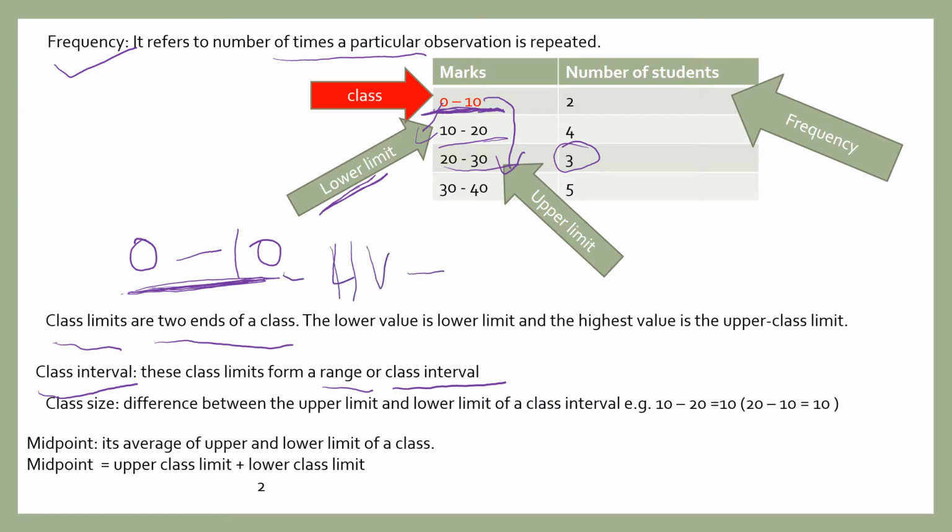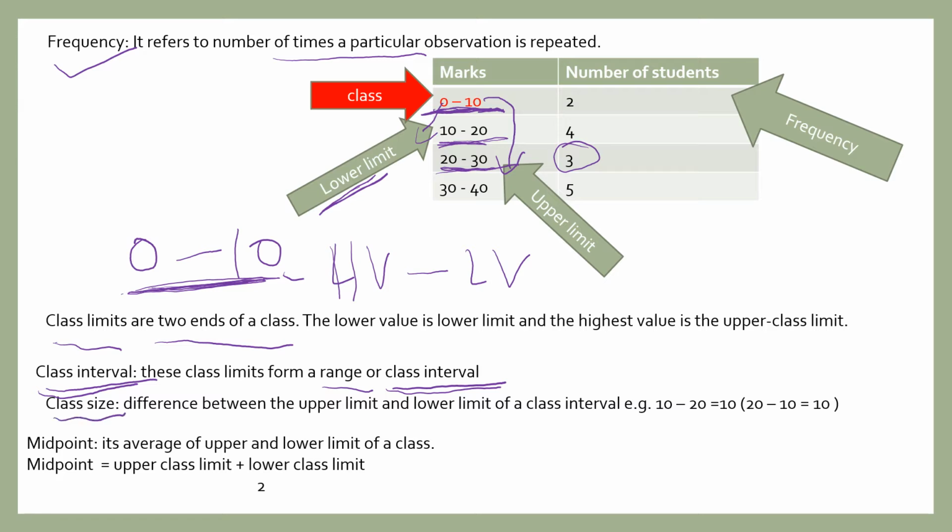In the class, the highest value is the upper limit and the lowest value is the lower limit. If we take the difference, that we call the class interval. So here for 0 to 10, what is the size or the difference? You call that the class interval, and the difference is 10. Here also 10 to 20 it is 10, and 20 to 30 is also 10. So that we call the class interval.